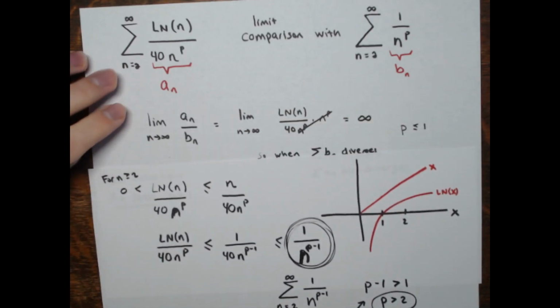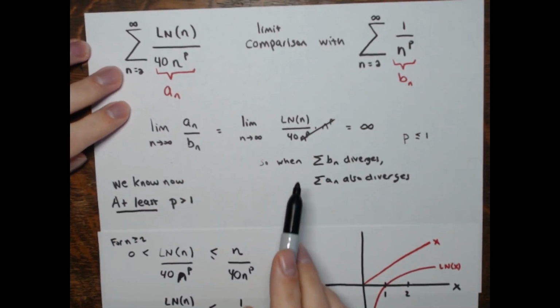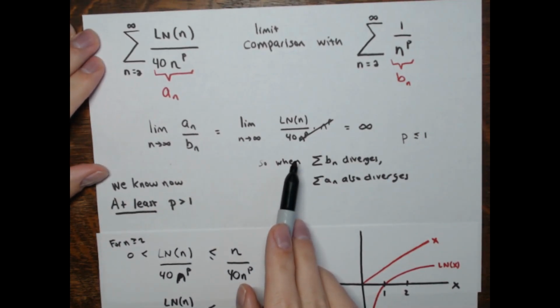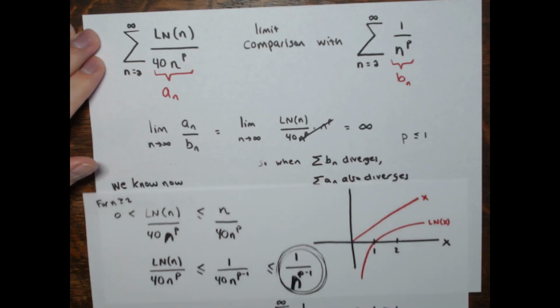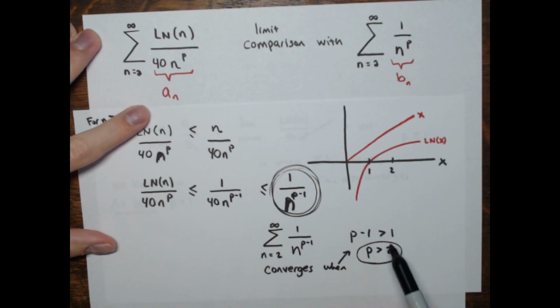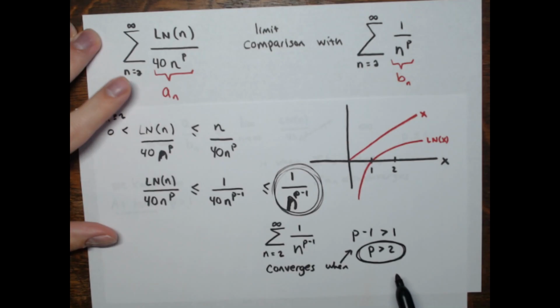So, from my limit comparison earlier, I know that p's got to be bigger than 1, but we added to that, saying by direct comparison, p's got to be greater than 2. Could p be equal to 2?